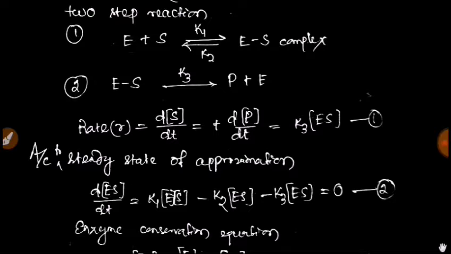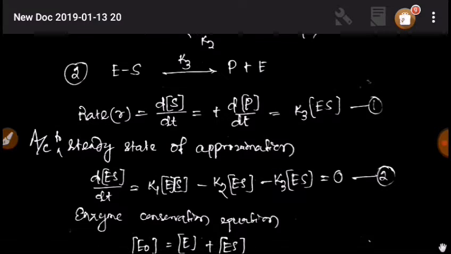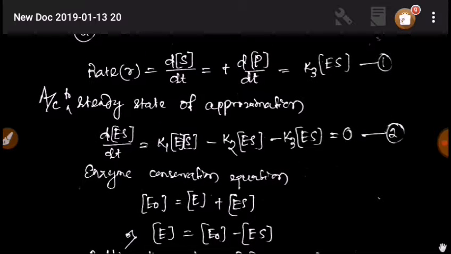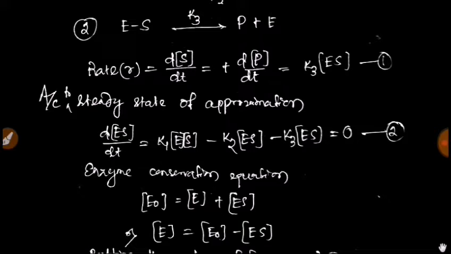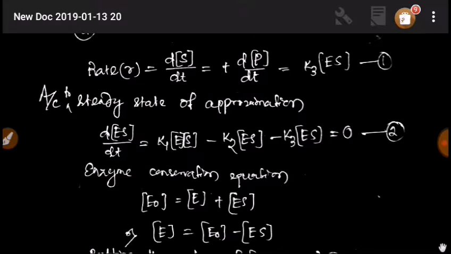Now the enzyme conservation equation will apply: E0 is equal to E plus ES, where E0 is the total enzyme concentration, E is the free enzyme concentration and ES is the bound or reacted enzyme concentration.